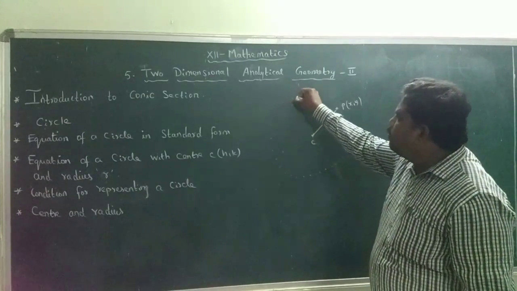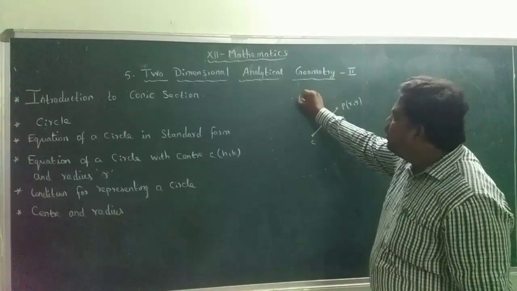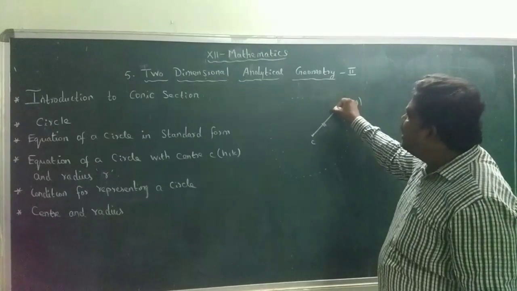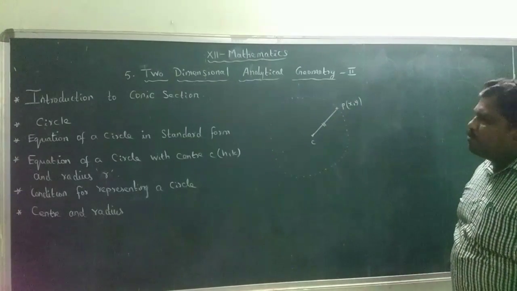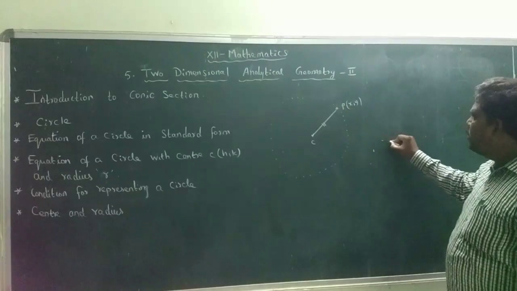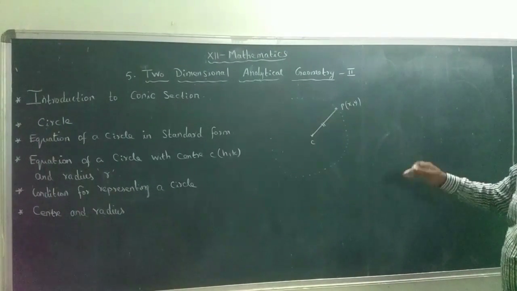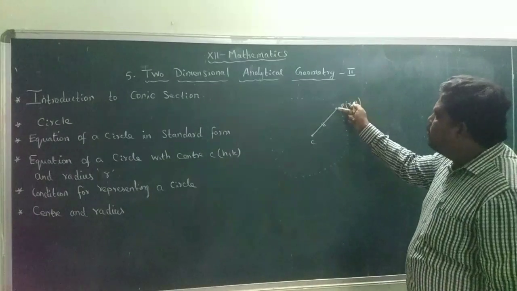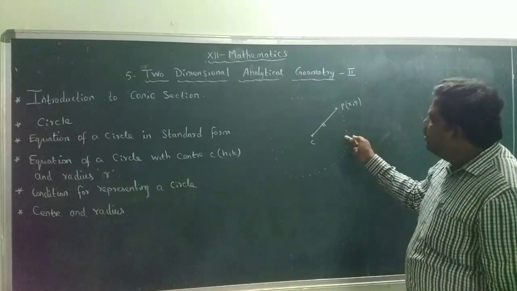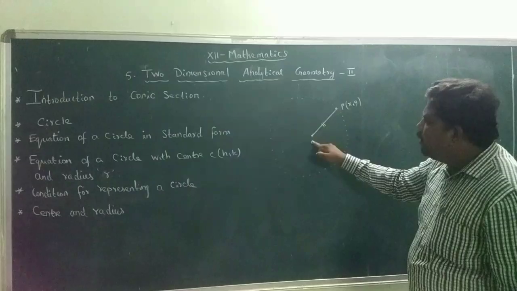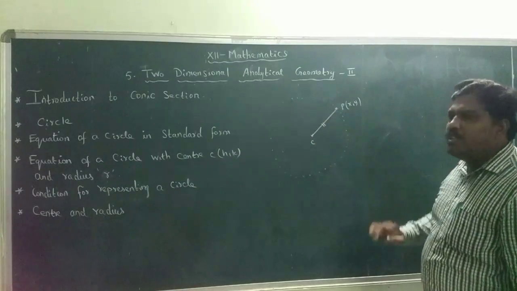When the point P moves, we should not just say it is moving; it should move under certain condition. The point P cannot move in just any way. It should move under certain condition. So what is the condition here? The point P moves so that the distance between the fixed point and the moving point is always equal.